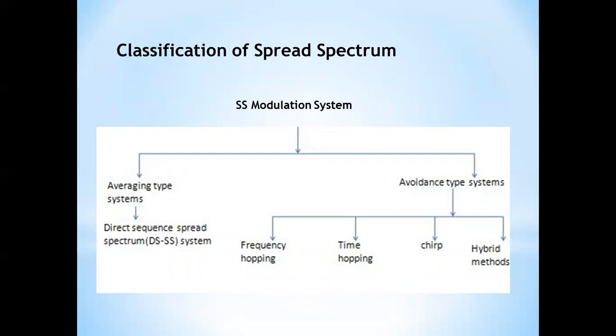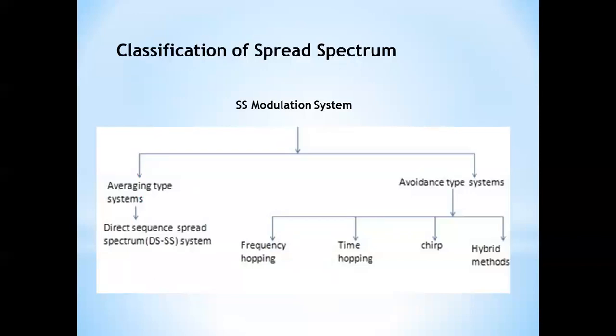The SS modulation techniques are broadly categorized into two categories: averaging type system and avoidance type system. The averaging type system reduces the interference by averaging it over a long period. The direct sequence spread spectrum, DSSS, system is an averaging system.